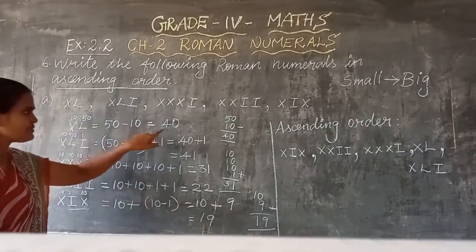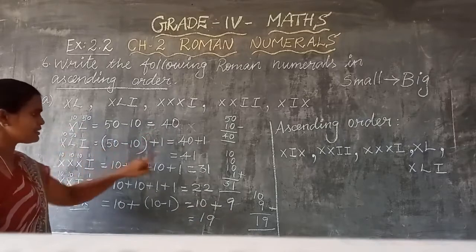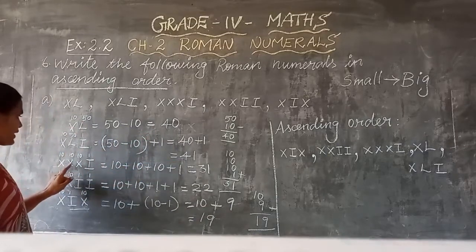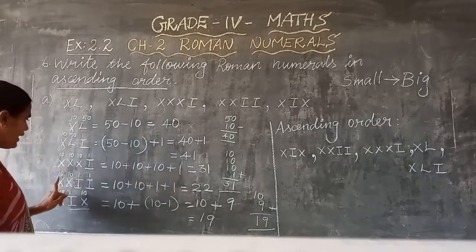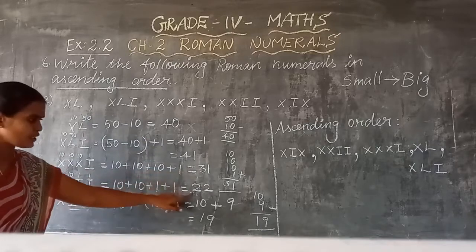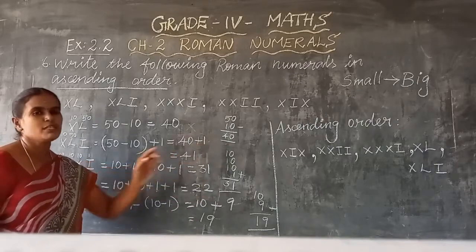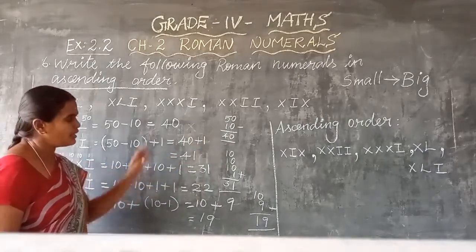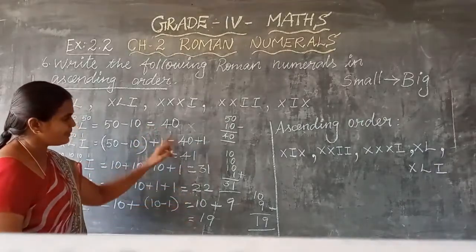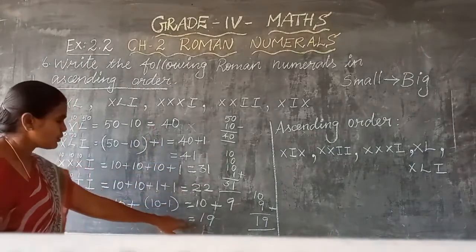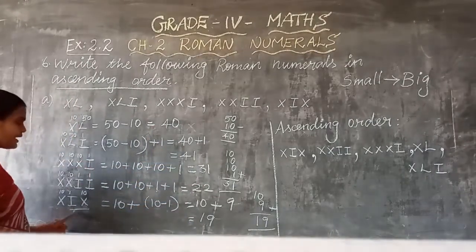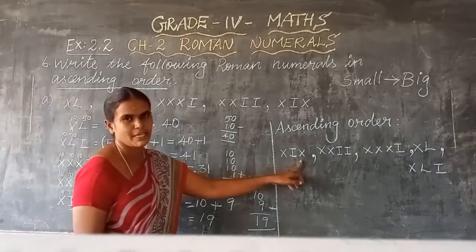So XL means 40. XLI means 41. XXXI means 31. XXII means 22. XIX means 19. So ascending order means small number to big number. So here which one is the small number? 19. So what is the Roman number for 19? XIX. So first one XIX.